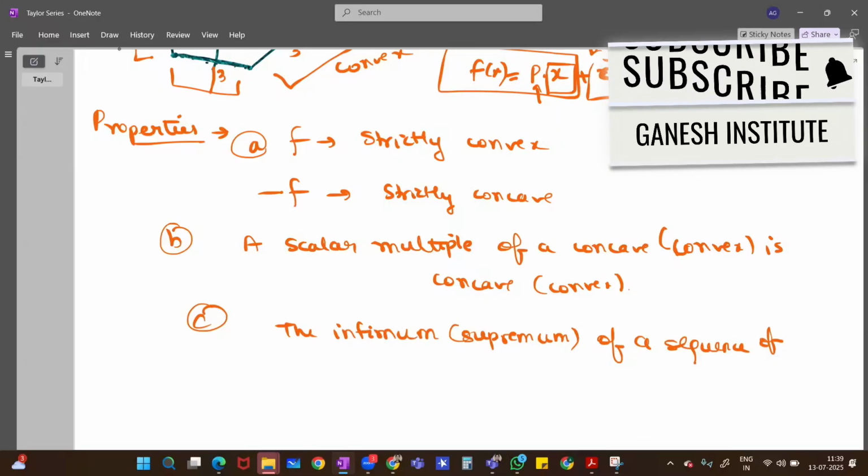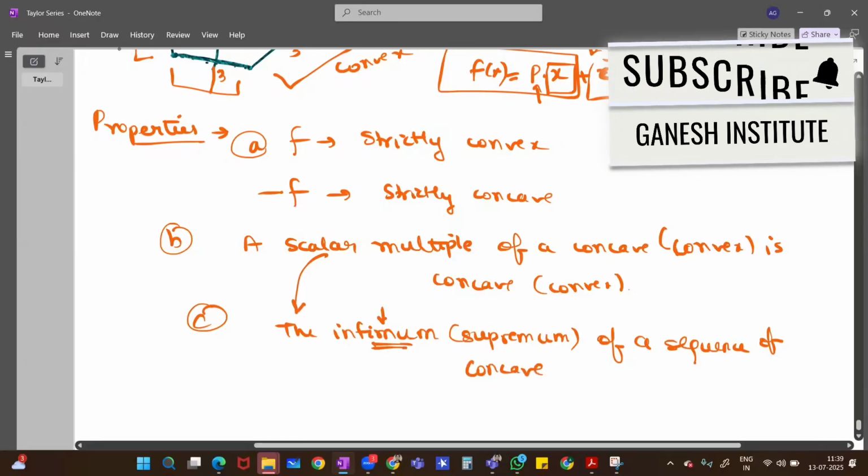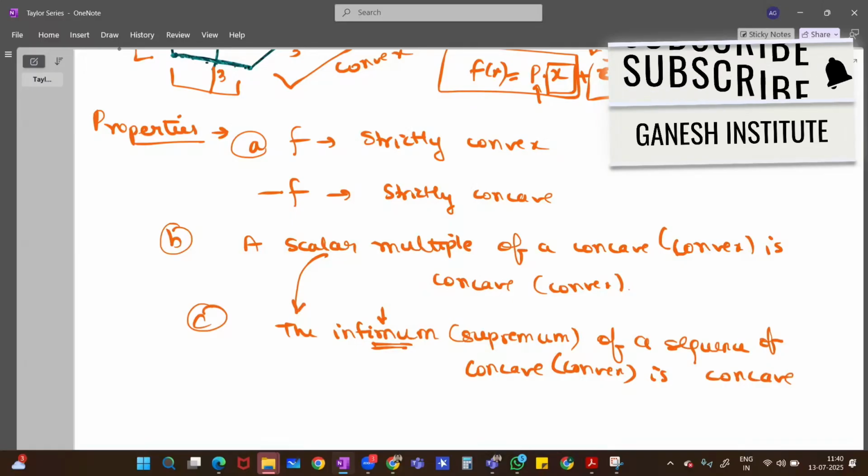So if you are finding the infimum of a concave function, that will be concave only. Could you explain what an infimum is? Infimum is the least value, supremum is the maxima, infimum is minima. Okay, that's a different word for maximum and minimum.